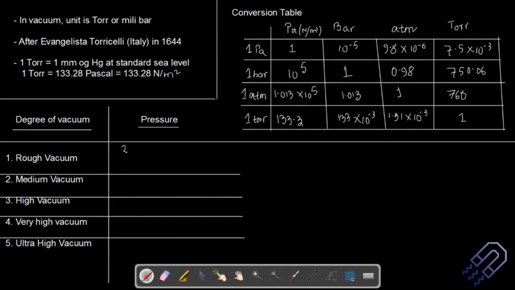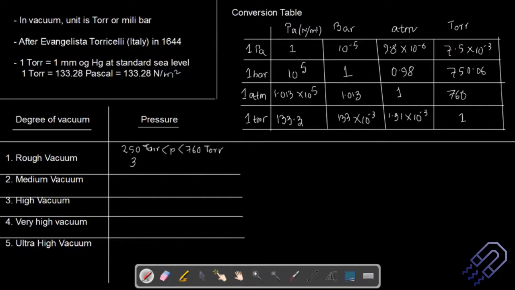It may be between 250 torr, the pressure, and 760 torr. If we have the pressure between these two, we usually call it a rough vacuum.